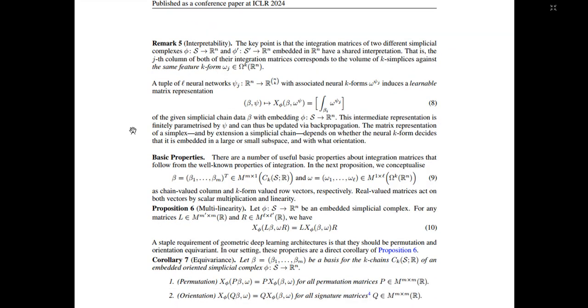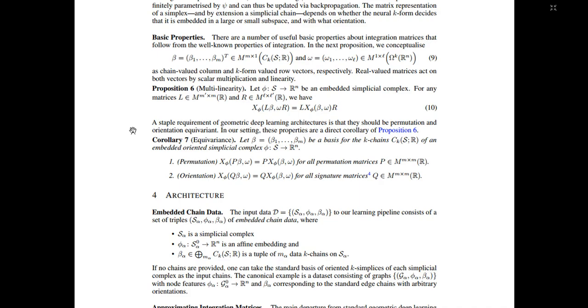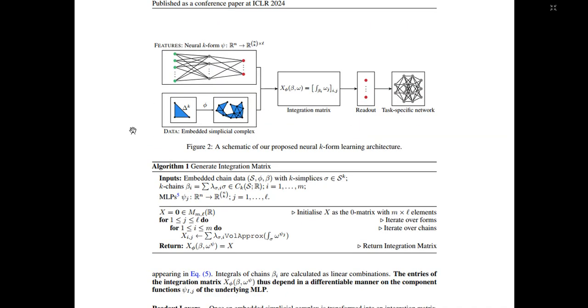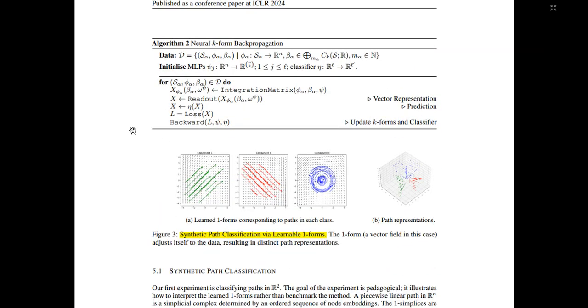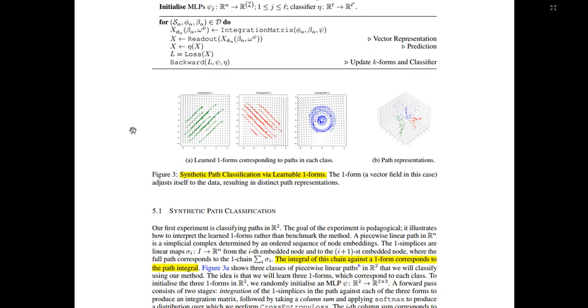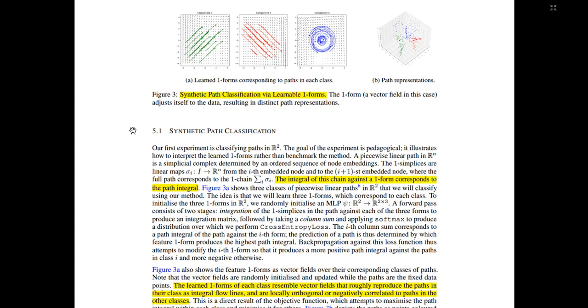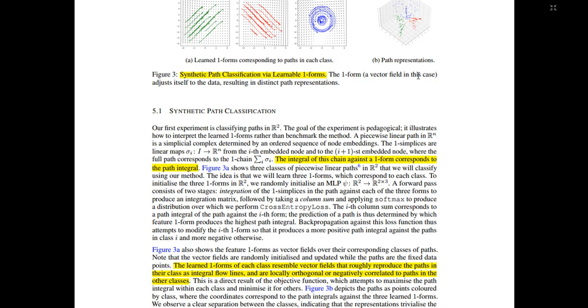So these are just ideas in this context. We can see this in an example. Like this task, we are trying to classify a path. So we have these three paths, and we have to learn a representation that can distinguish between these paths.